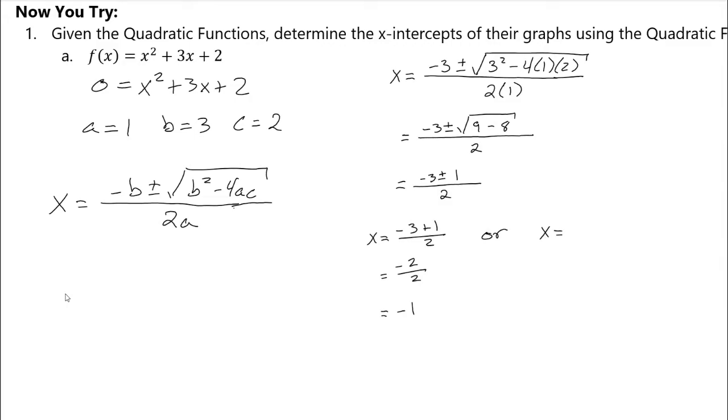Or x equals negative 3 minus 1 all over 2. This simplifies to negative 4 on top over 2 and reduce that to negative 2. So the x-intercepts we can state are negative 1, 0 and negative 2, 0.